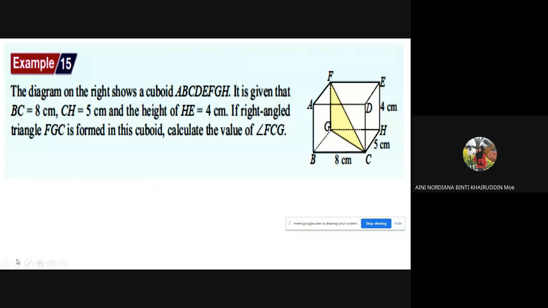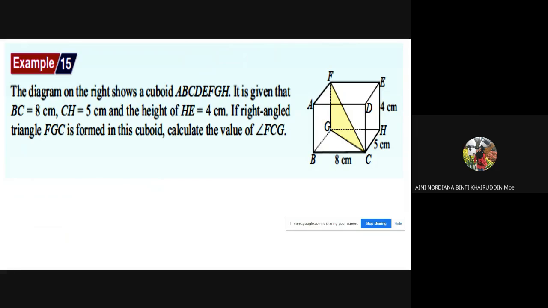Next, example 15. The diagram on the right shows a cuboid ABCDEFGH. So this is the cuboid. It is given that BC is 8 cm, already right here, CH is 5 cm, and the height of HE is 4 cm.